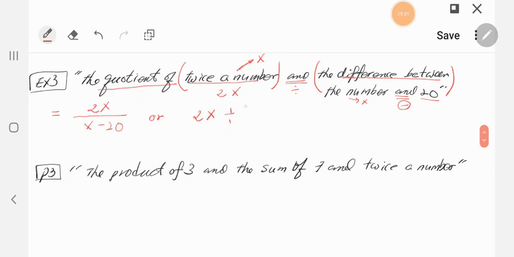The divisor is a big expression, so put parentheses, x minus 20, like this. So this is the quotient. The division is the quotient. The quotient of twice a number and the difference between x and 20.